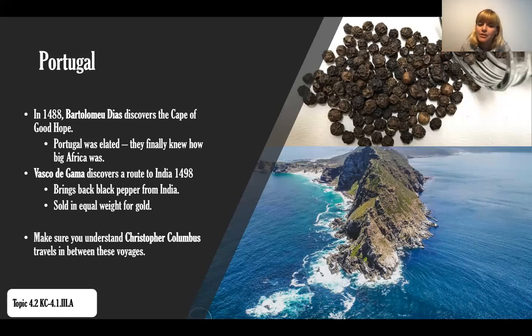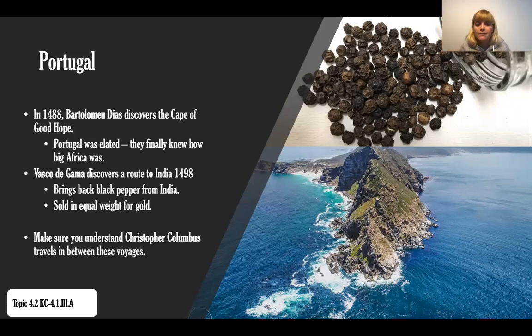But it was eventually renamed the Cape of Good Hope because the Portuguese were so elated when they found this crossing. This signaled great hope to them because once they sailed around this point, they could start engaging in these spice trades with East Africa and South Asia.